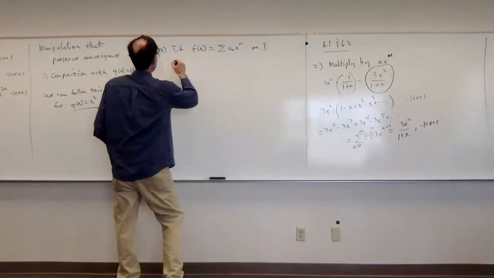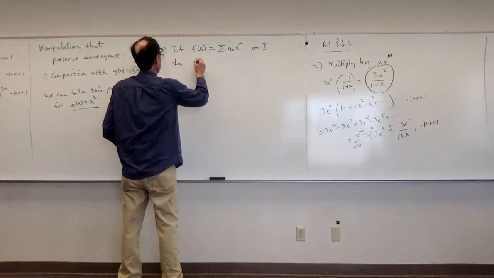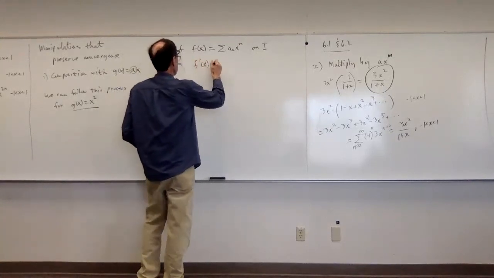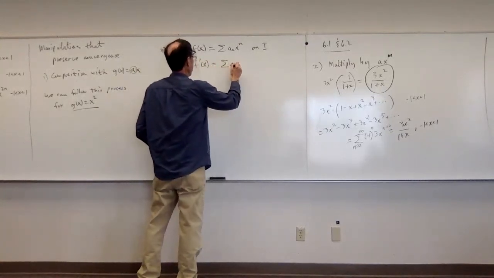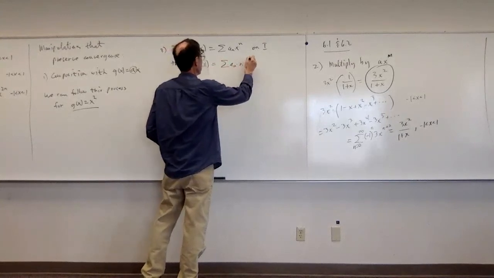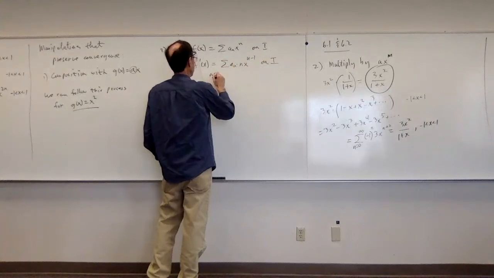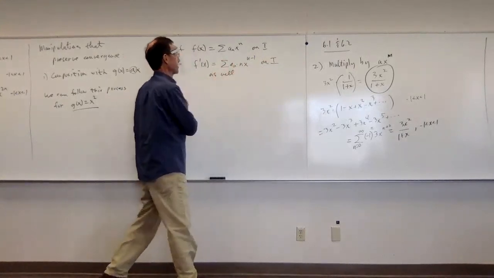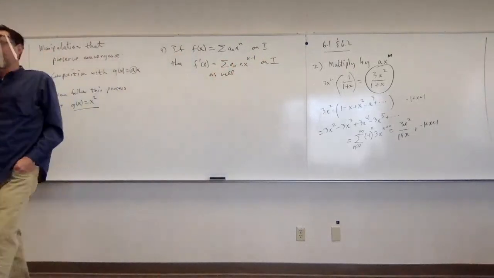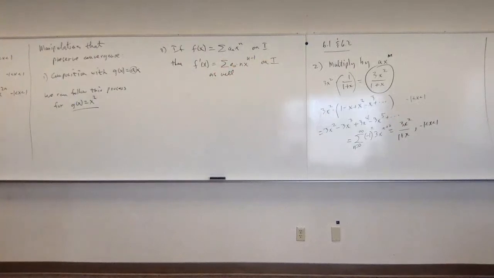Then f prime of x equals summation a(n) times n x to the n minus 1 on I. I can differentiate.